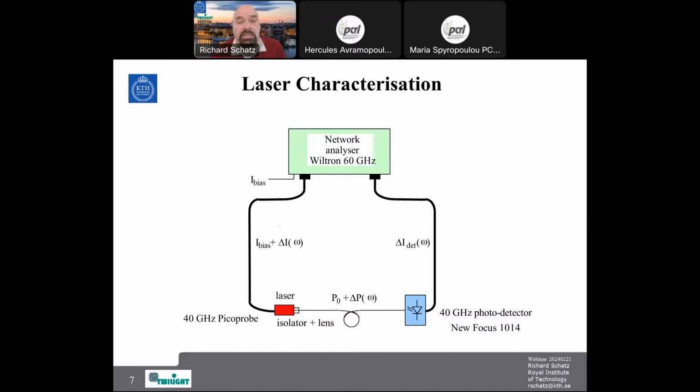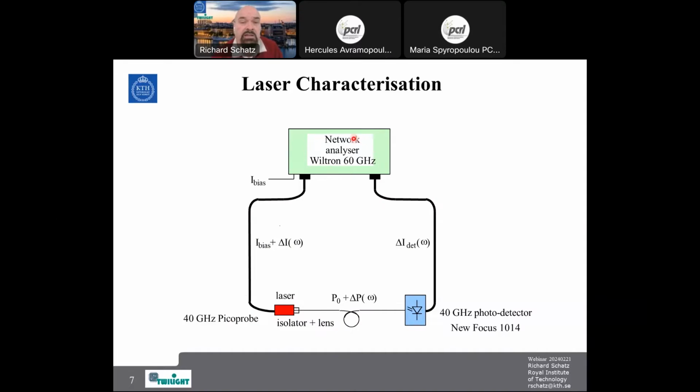So when you want to measure the laser, you normally measure its modulation response. That's the transfer function of a laser in the frequency domain. Then you use a network analyzer here, and you send out a small sinusoidal signal to the laser and see how the laser reacts to this sinusoidal signal. Then you have a detector and give back the sinusoidal signal to your network analyzer.